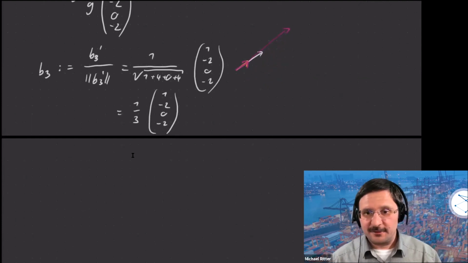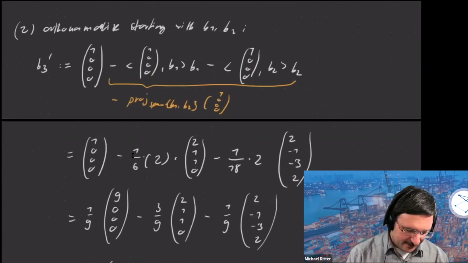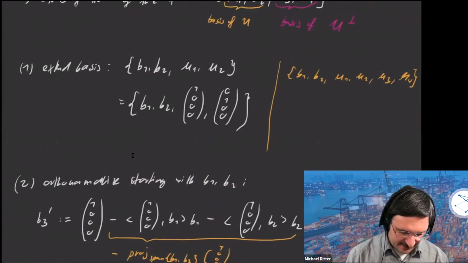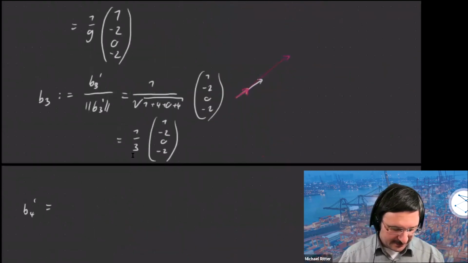And of course, number 4, that works in the very same way. So now for B4 prime, that is based on this vector here now, 0, 1, 0, 0. So we'll start with that.